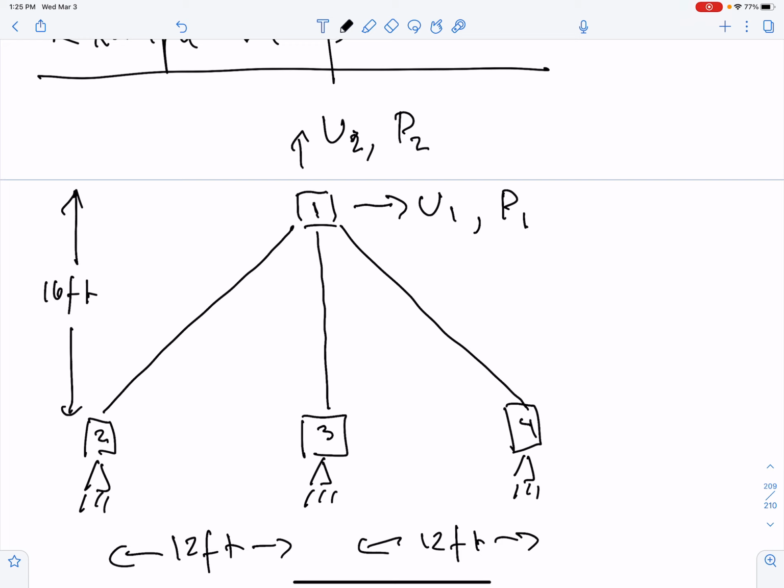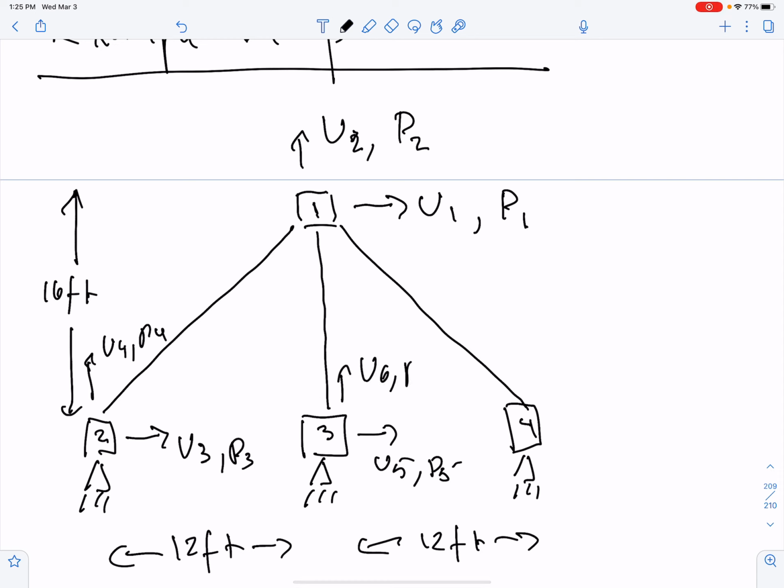And then we go to the restrained nodes and use up the rest of the DOFs: u3, p3, u4, p4, u5, p5, u6, p6, u7, p7, and u8, p8. So you're looking at a situation where you have 4 nodes, 8 degrees of freedom. Only u1 and u2 are free degrees of freedom, and the rest are restrained.